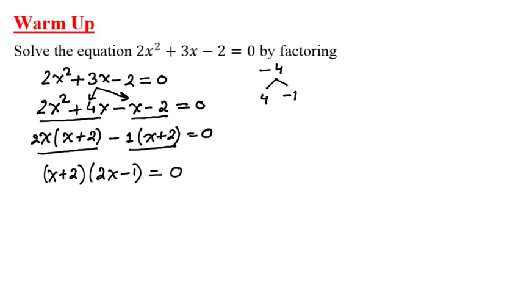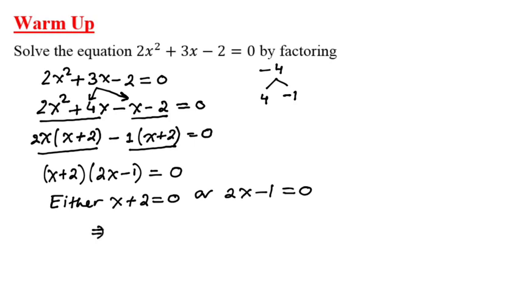So we factored the left hand side completely, and we can now use the zero product property. So we can say either x plus 2 equal to 0 or 2x minus 1 equal to 0.